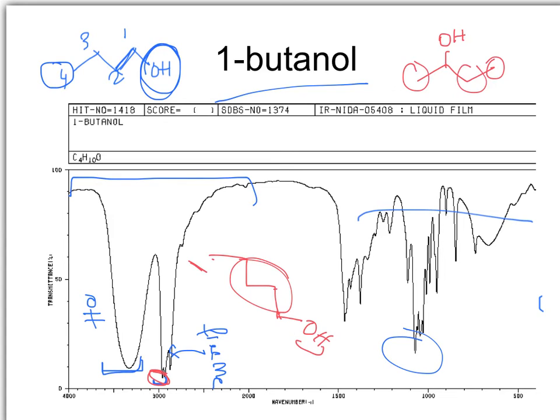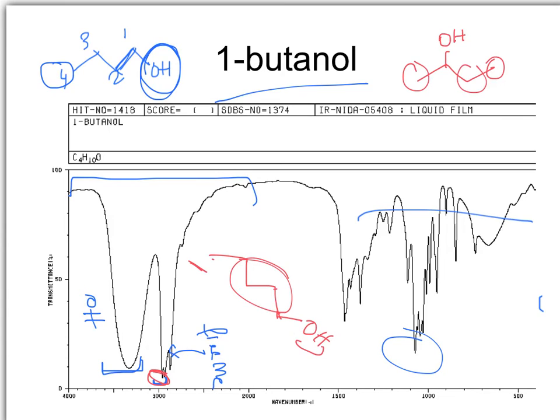So what's the downside of an IR? The downside of the IR is that it doesn't tell you the number of carbon atoms you have in there, or which particular carbon atom the functionality is located in. That means the ability to differentiate between positional isomers, more so than structural isomers, may not be possible in this case, because IR is looking for a functionality, and if it finds that functionality, it gives you the peak.